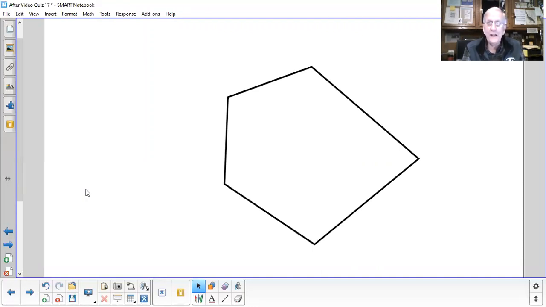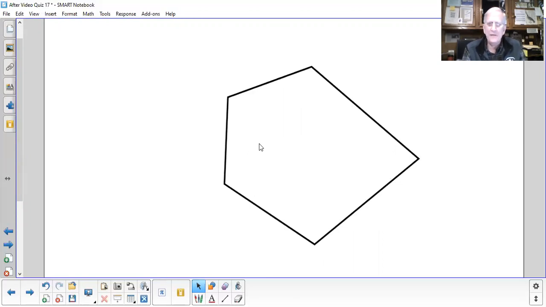If you look at this particular figure, you can see it's made up of sides. There's, I guess, 5 sides on this thing. And the sides, what are they made out of? Well, if you think of it in geometric terms, they're line segments, right? So for brainstorming what a polygon is, it's something that has sides that are made of line segments, all right?